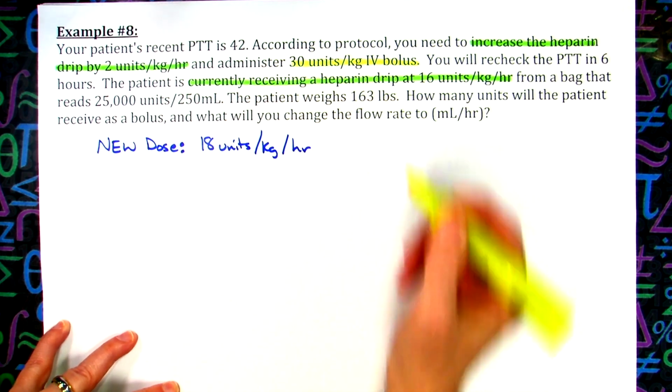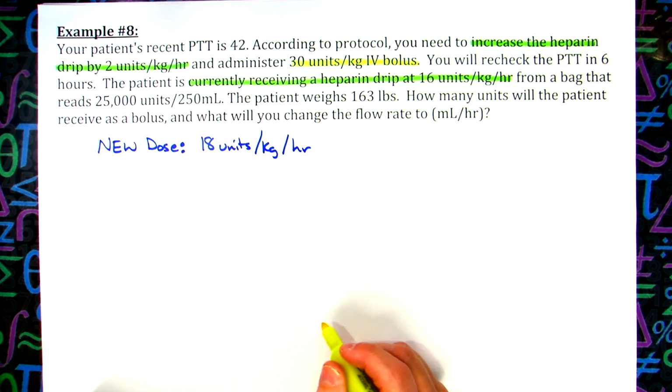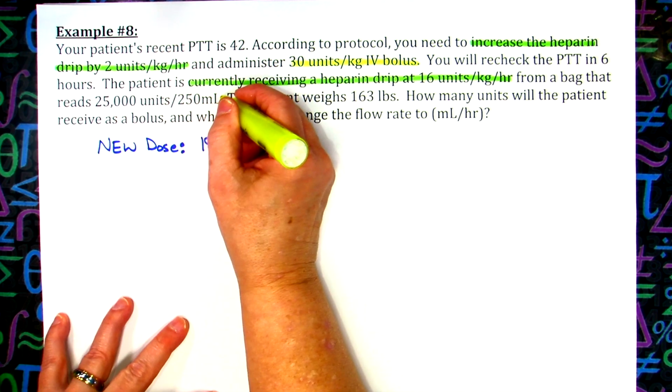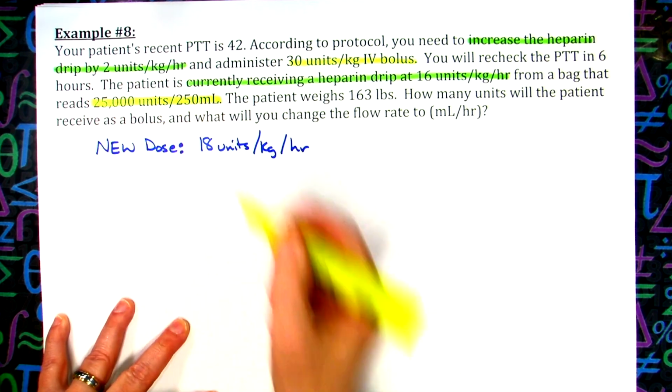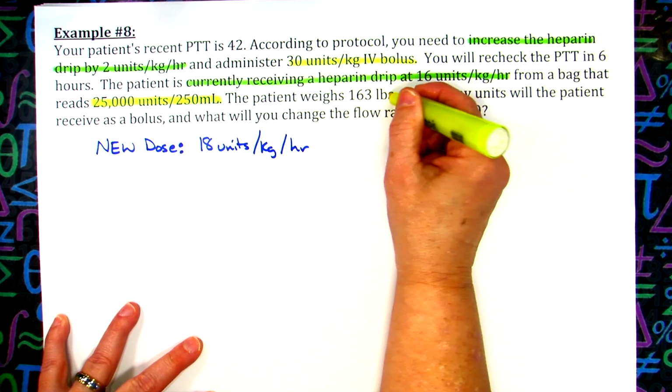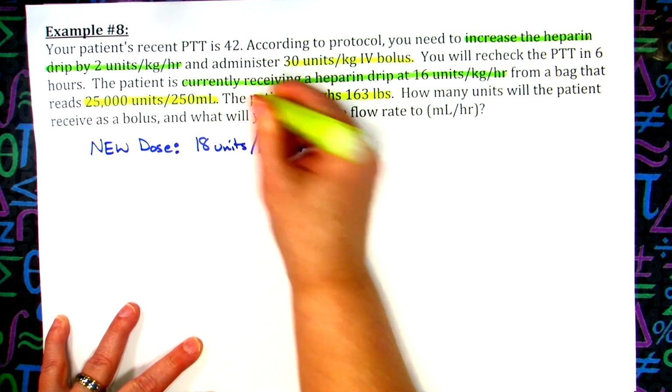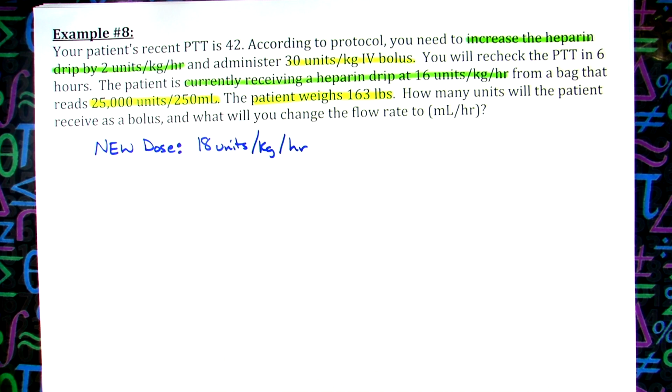So that information is right there. Let's highlight that. Then it also says that the bag currently reads 250,000 units per 250 milliliters, and our patient weighs 163 pounds. So those are the other pieces of information.